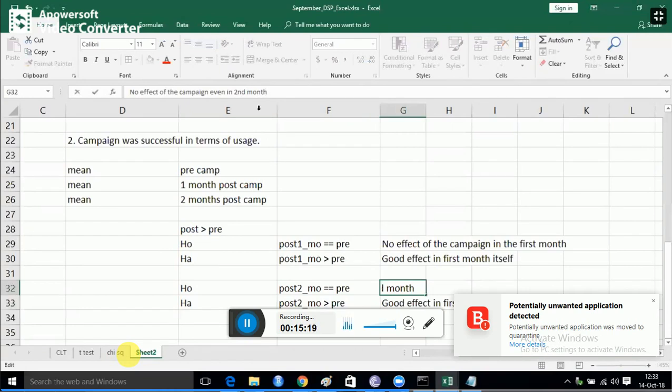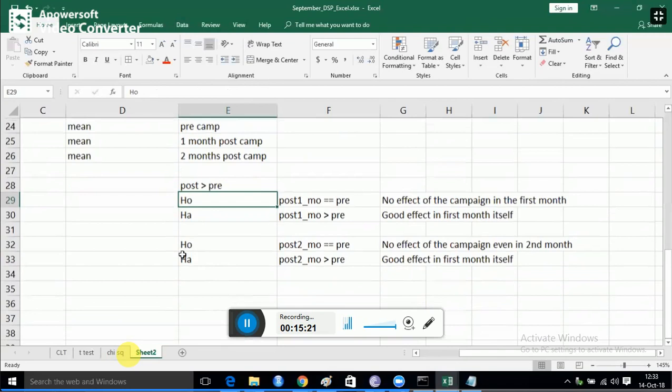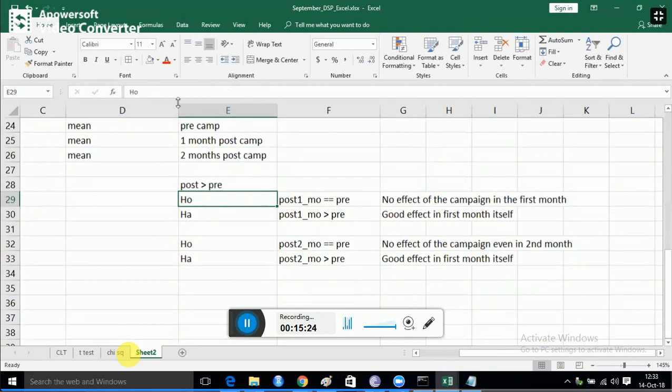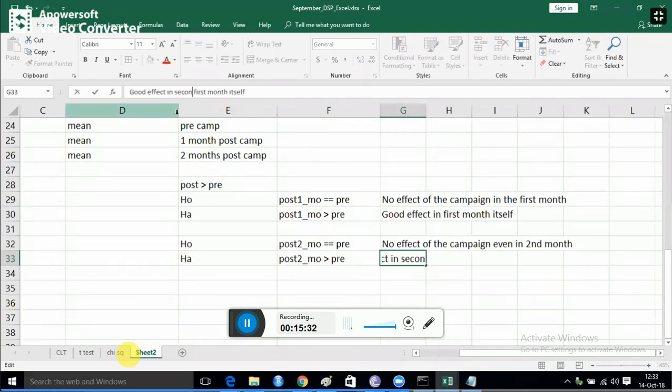If, let's say, this null is accepted and here the null is rejected, we'll say although there was no effect in the first month, right? Good effect in the second month now. Good effect in the second month despite the failure in the first month.